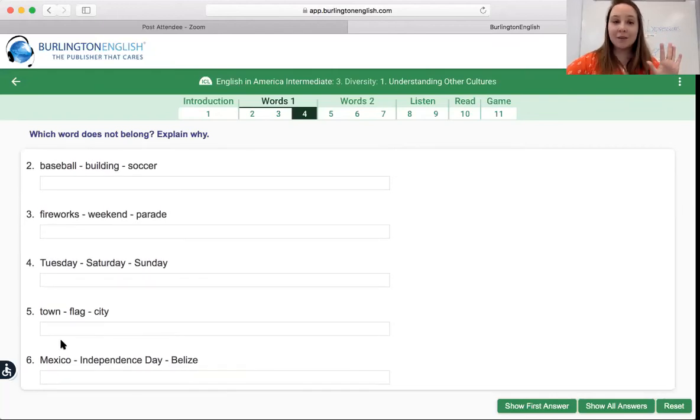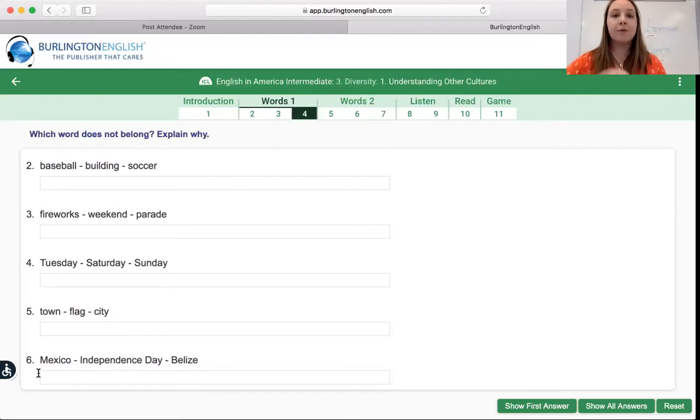All right, number 5, we have town, flag, and city. Which one does not belong? And number 6, we have Mexico, Independence Day, and Belize. Okay, so just write down your answers and send them to me.